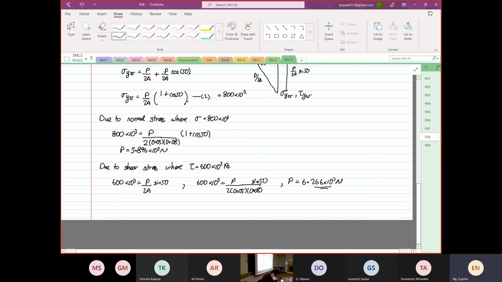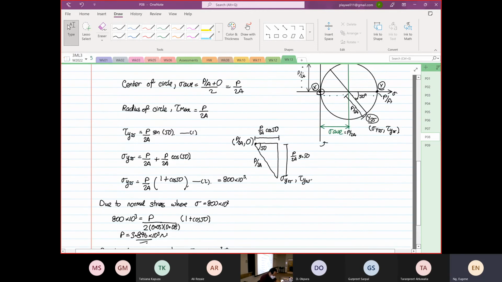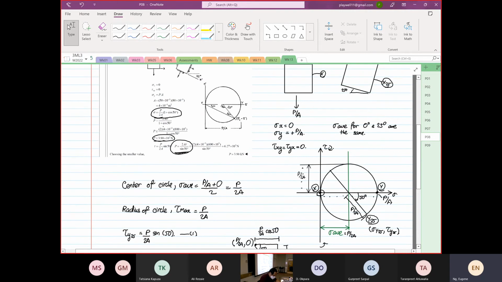So you pick the lower one. The P allowable is equal to 3.896 times 10 to the power 3 Newton. As I said, it's been a long time since I did this question, and I could not remember what was going on.